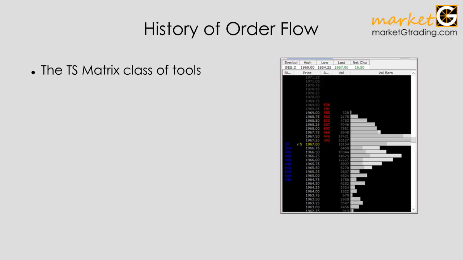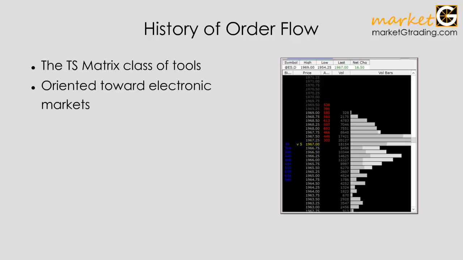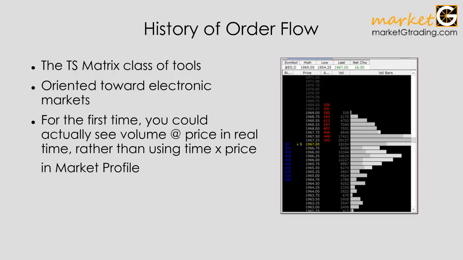The next step in the evolution was the TradeStation Matrix class of tools. It was actually oriented toward electronic markets, unlike Market Profile. For the first time, you could actually see volume at price in real time rather than using the time by price shortcut in Market Profile.